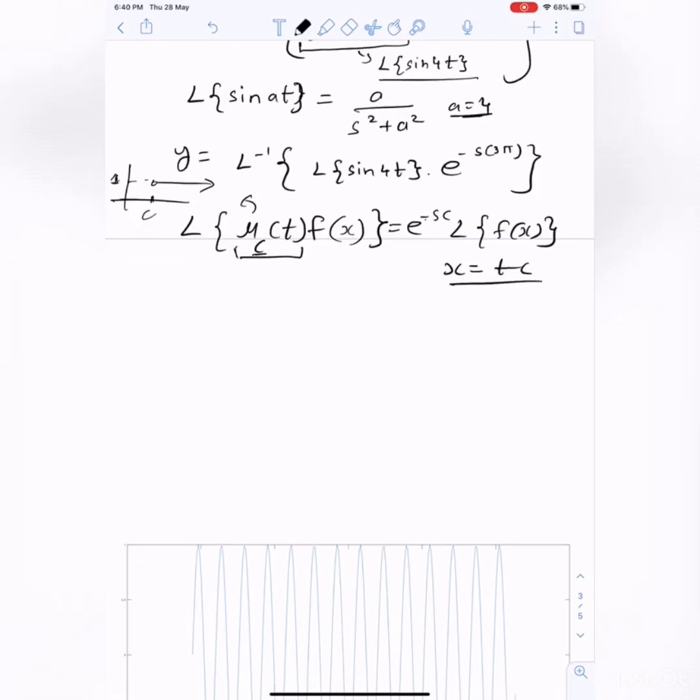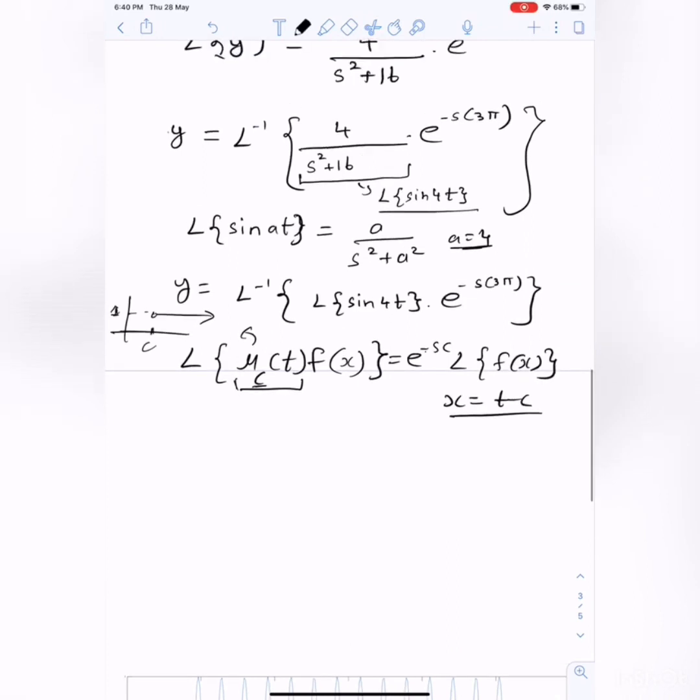Again, as you can see, using this one, how to proceed further is, see, basically what can we write this entire thing? Okay, so e to the power minus sc, as we can see, this part is e to the power minus sc, where c is 3 pi.